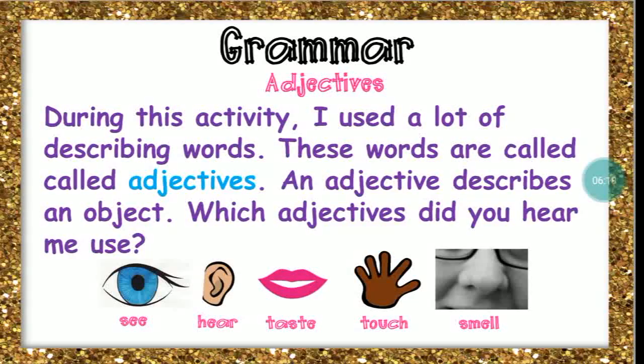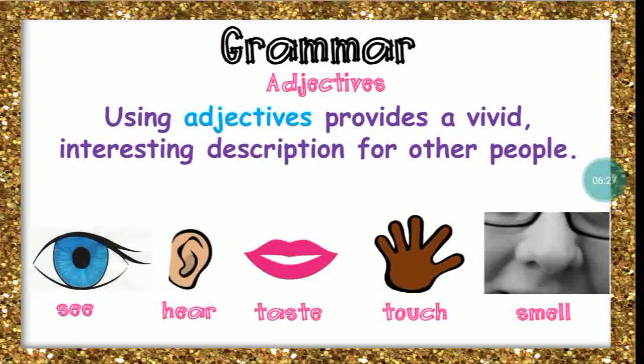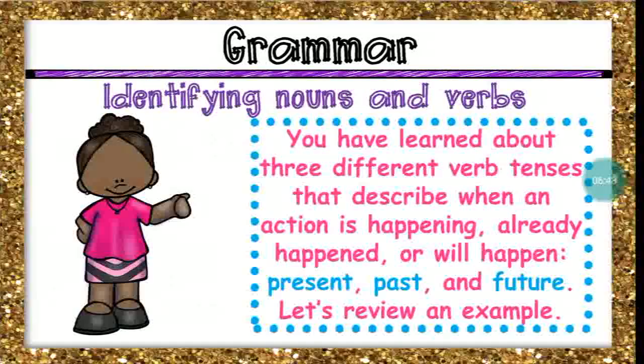An adjective describes what? An object. That's good. So using adjectives provides a vivid, interesting description for other people, okay? When you are describing something, oh, it is tall, it is short, oh, she has long hair. All those things provide a vivid, interesting description for other people.